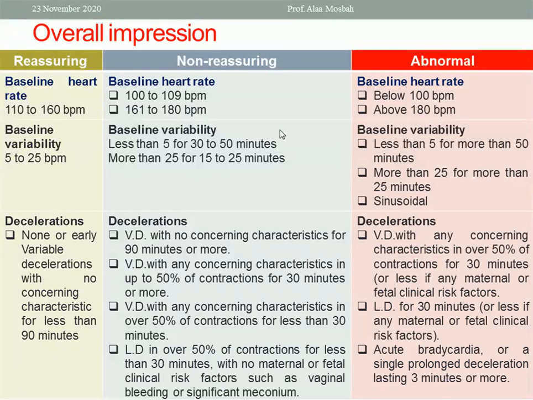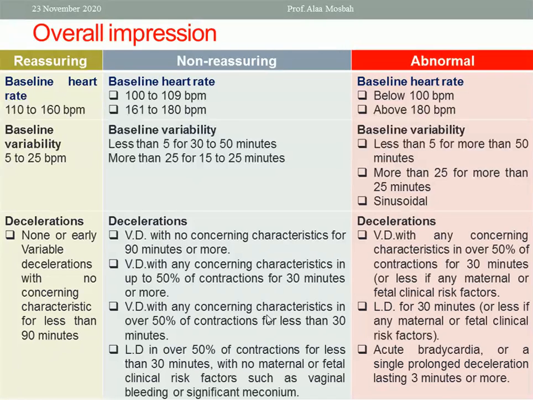Less than 5 for 30 to 50 minutes, or more than 25 for 15 to 25 minutes. What about deceleration? Variable deceleration with no concerning characteristics, and we will understand what is meant by concerning characteristic later on, for 90 minutes or more.